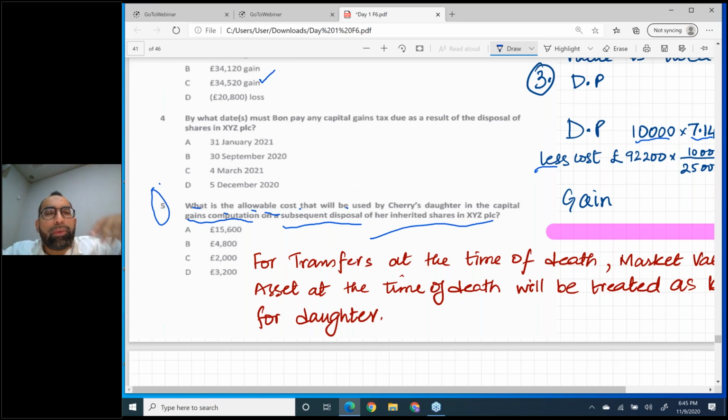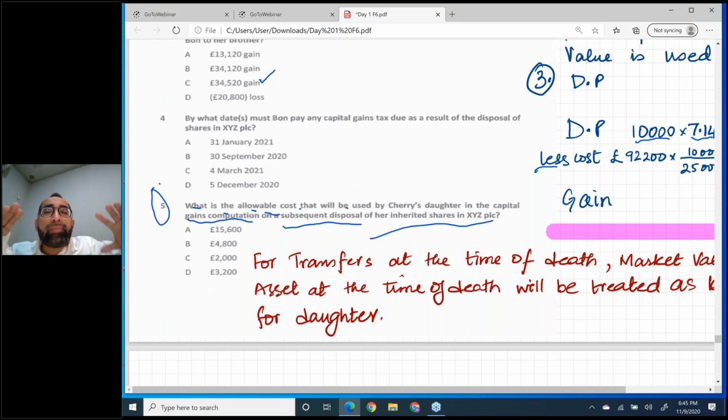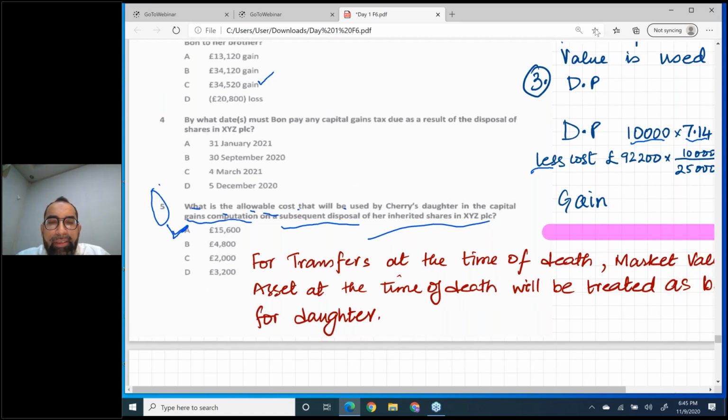Subsequent disposal means future. That means if this daughter sells these shares in future, what will be the cost in the computation of gain? The cost will be simple, 15,600. I have written this statement as well.